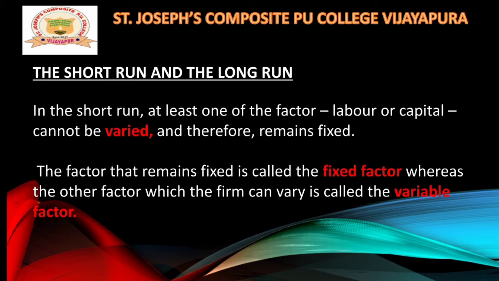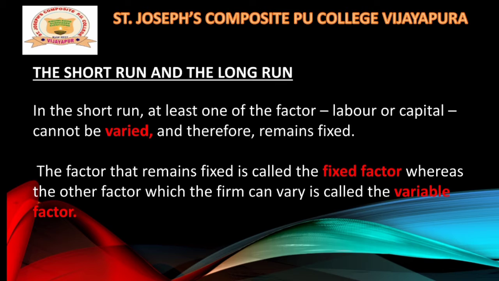In this short period of time, how will the firm use the inputs and produce the output? In the short run, the production function refers to a certain time period, and here at least one factor of production is fixed.